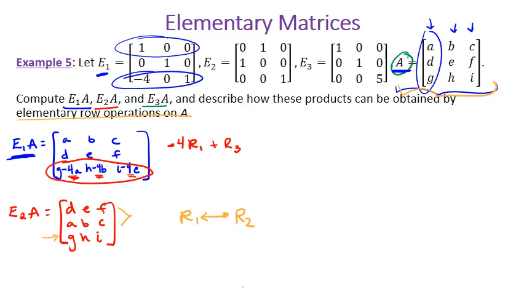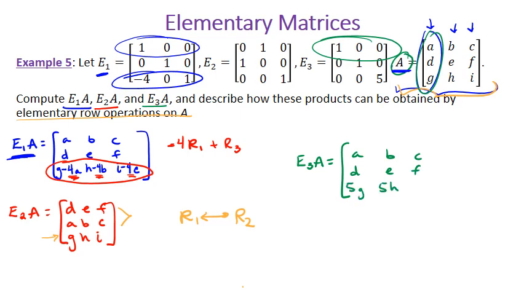All right, let's do this final one, E3 times A. So I'm going to take this row times this column, so on and so forth, and I end up with A, B, C, D, E, F, 5G, 5H, 5I.